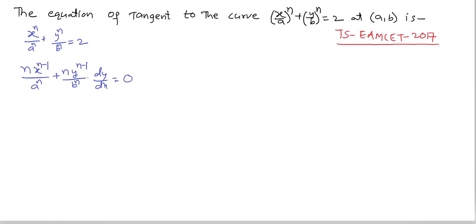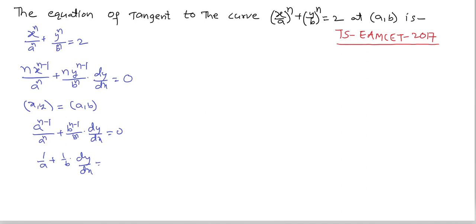This dy by dx at the point (a, b), that is x comma y is equal to a comma b, substituting in this equation, that is a to the power of n minus 1 by a power n plus b power n minus 1 by b power n into dy by dx is equal to 0. That is 1 by a plus 1 by b into dy by dx is equal to 0. From this, dy by dx is equal to minus b by a. This is the slope of the tangent.